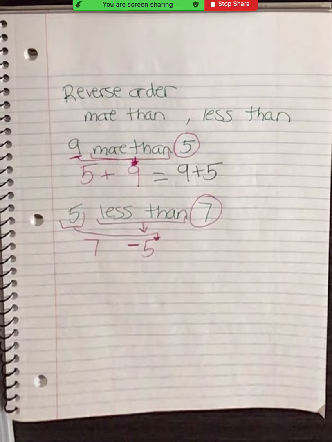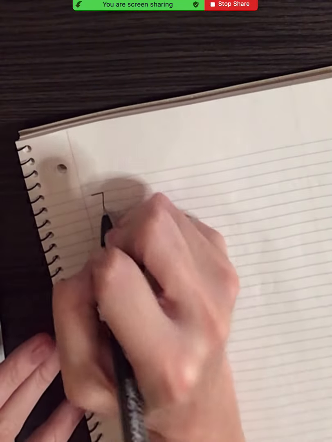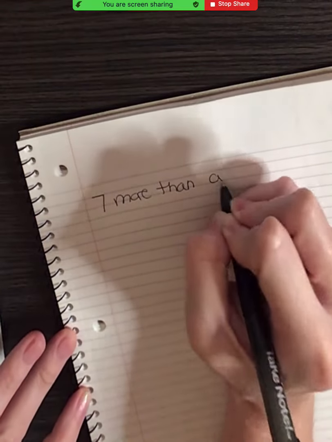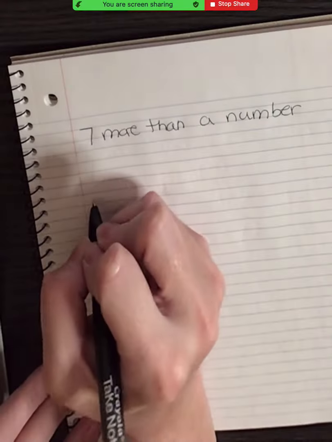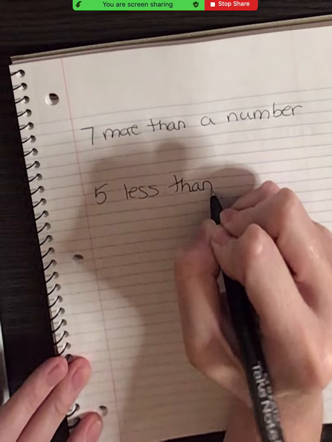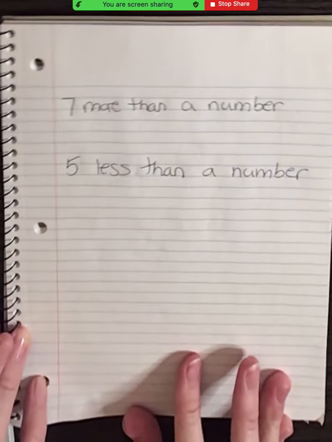So just a few more examples. 7 more than a number, 5 less than a number, because now we're in algebra, so we're looking at our variables.